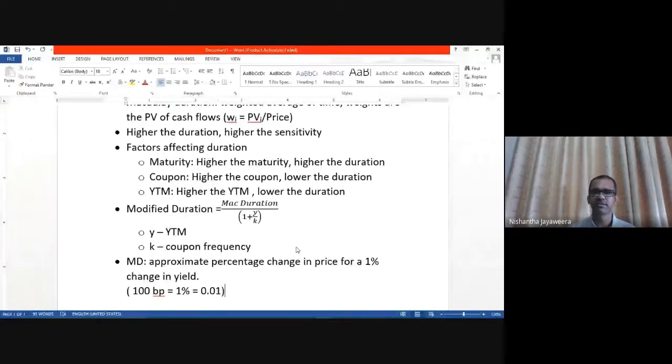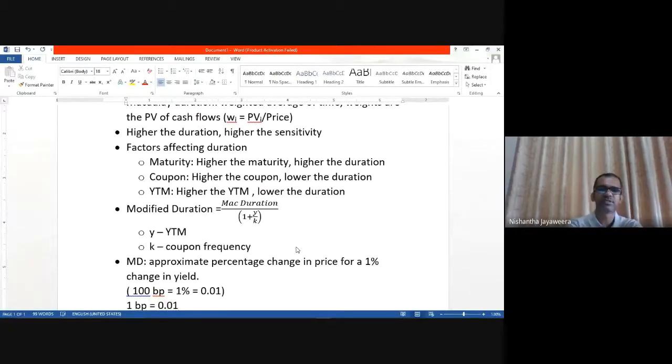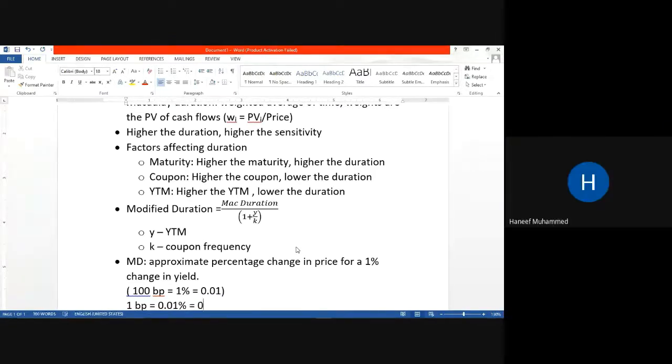If that is the case, what is 1 basis point? 1 basis point is 0.01%, which is equal to 0.0001.